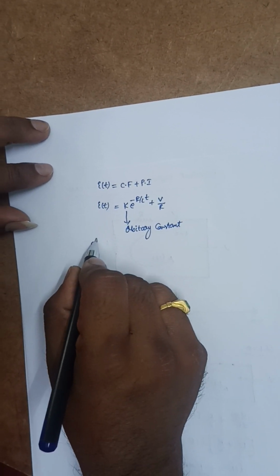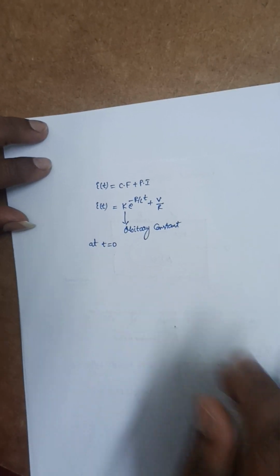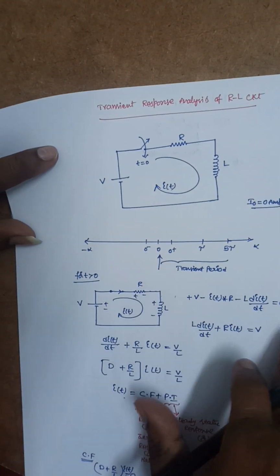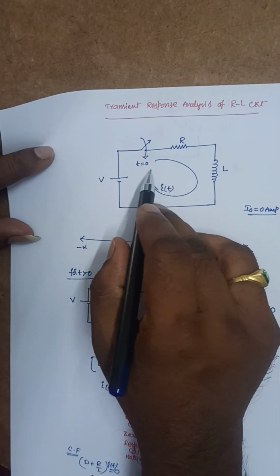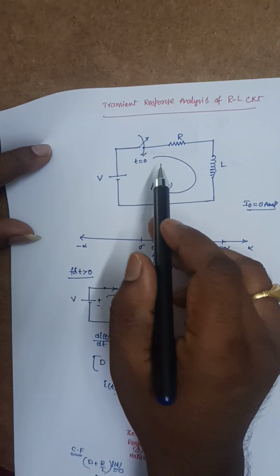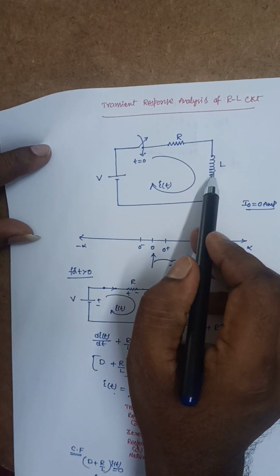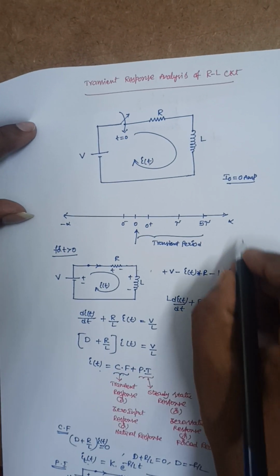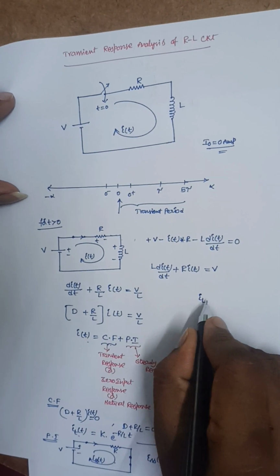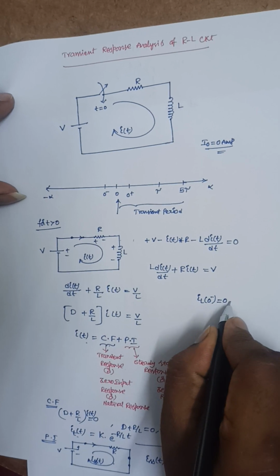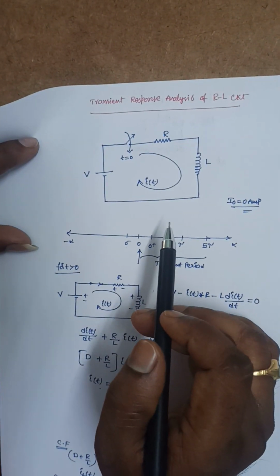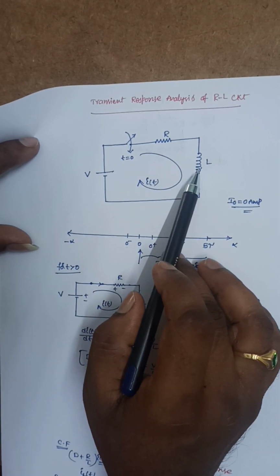Now at t is equal to 0, I am going to find the current flowing through this RL circuit. At t is equal to 0 minus, the current flowing through this inductor, I_L of 0 minus, is 0 amperes. Why? Because initially no current is flowing. Before the switch is on, no supply is connected to this inductance.